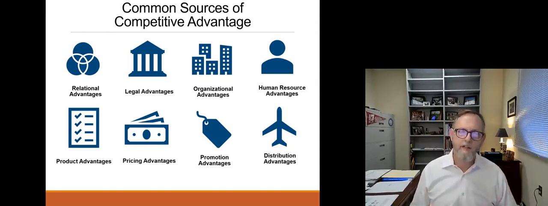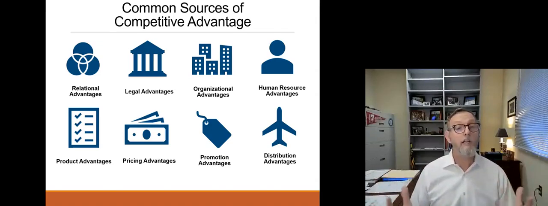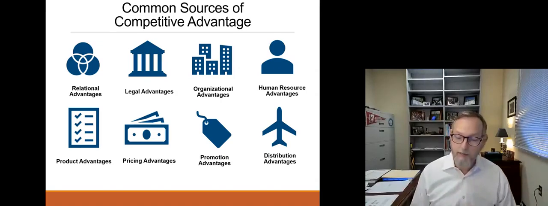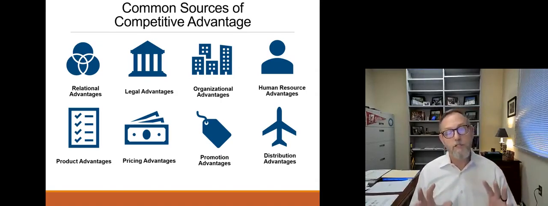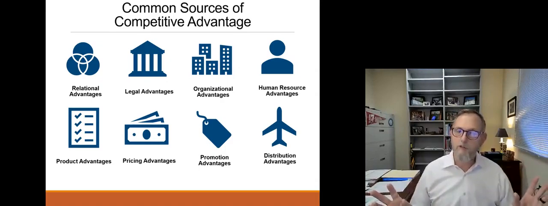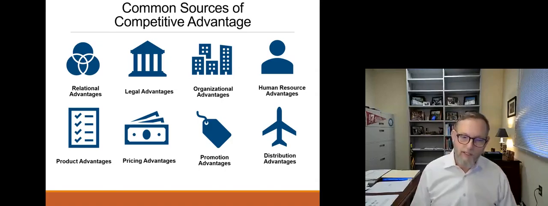This is just a little informational sheet where you have relational, legal, organizational, and also this human advantage. And then in the bottom row, we have a lot of marketing related things: product advantages, like how your product is built and your ability to add value to the customer, pricing, promotional, and also distribution advantages. Those 4 things are all marketing related advantages that you could have.